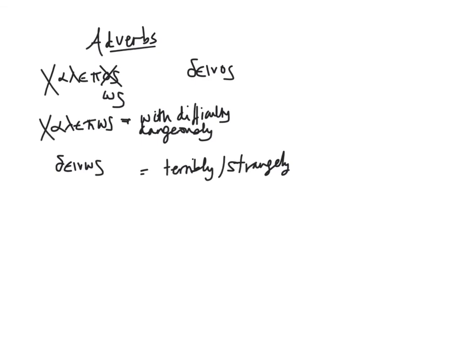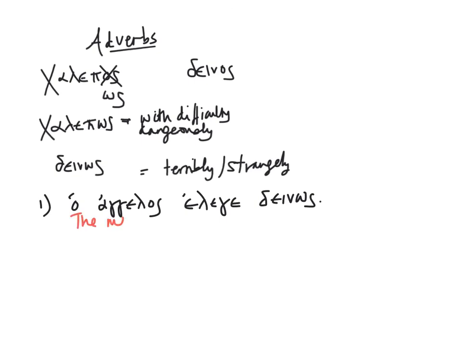Here's the first one. Ho angelos elege deinos. That means the messenger. This next word is imperfect, it means was speaking.